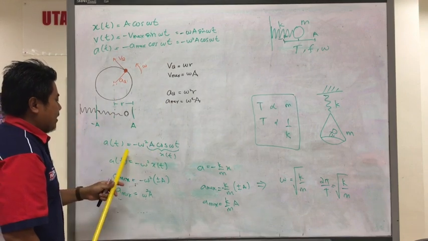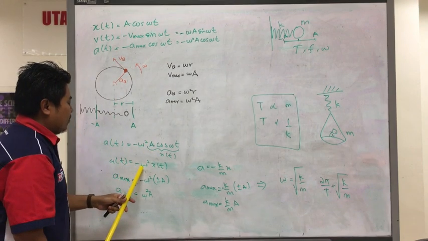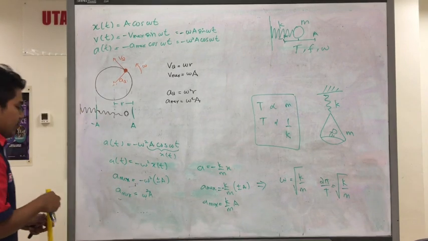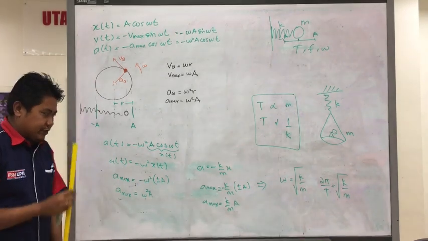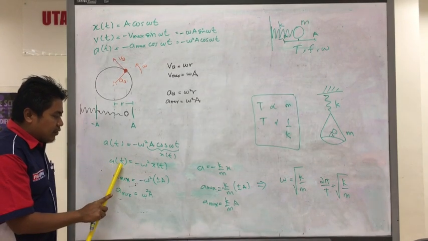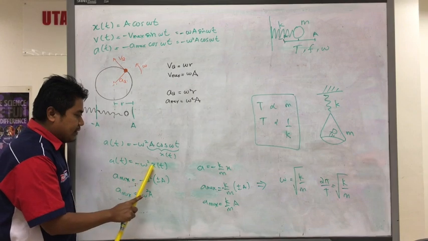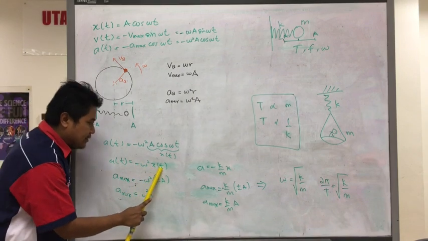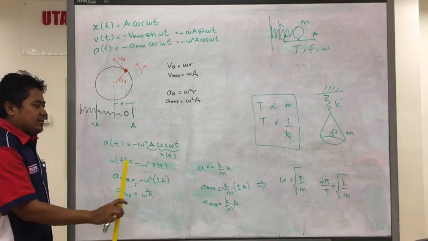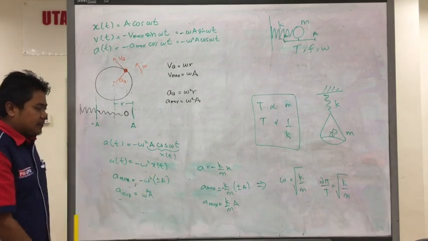So we can rewrite it as a equal to negative omega squared x. So you can make another form of the equation. The acceleration as a function of time equals negative omega squared x, where x is a function of time. This is x as a function of time, not x multiplied by t.